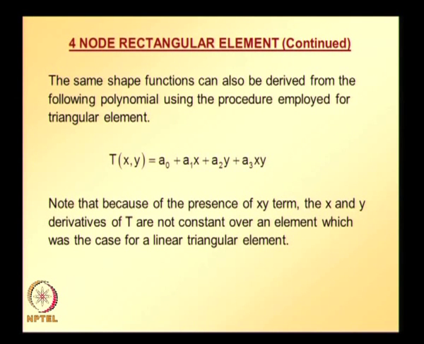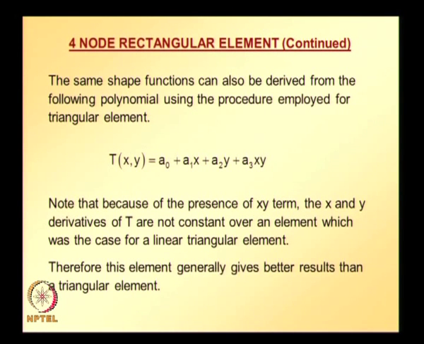So because of the presence of this xy term, the derivatives of T with respect to x and y are not constant, which was the case for the linear triangular element. Therefore this element generally gives better results than a triangular element.